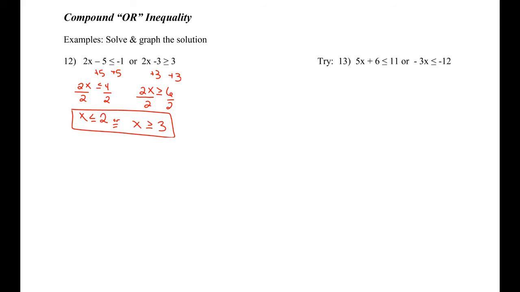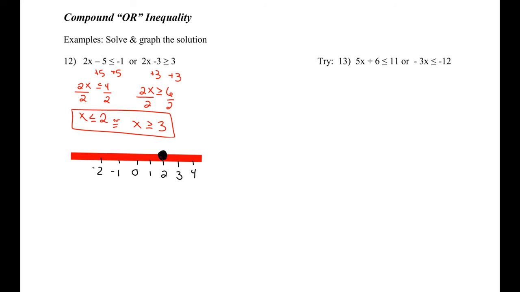Next, we want to graph our function. So we're going to draw our number line here. And I'm going to add just a few points to it. X is less than or equal to 2. Because it's less than or equal to, I have a closed circle.